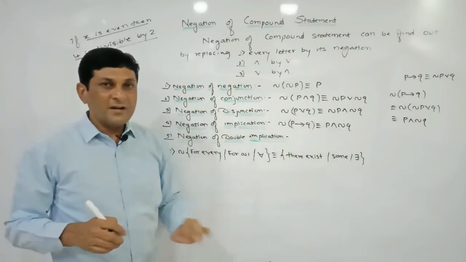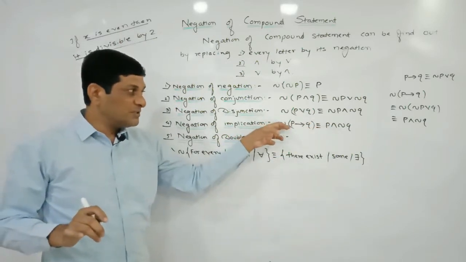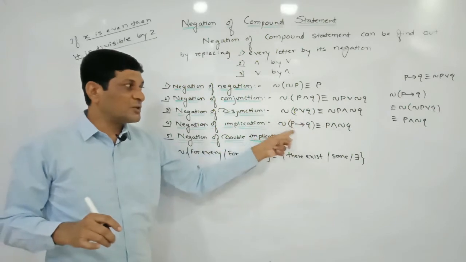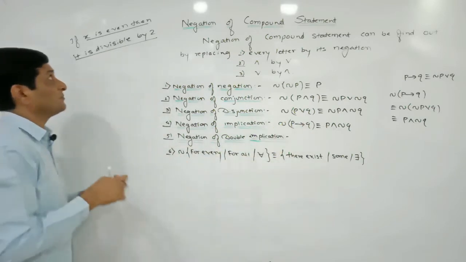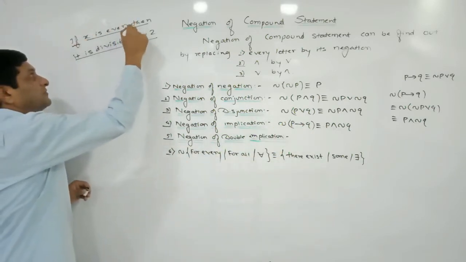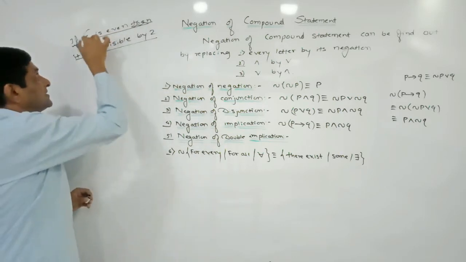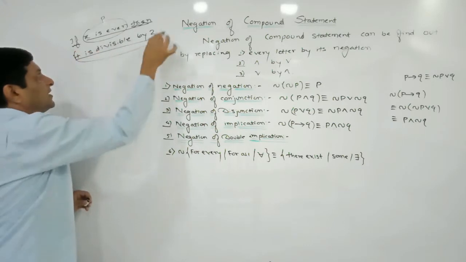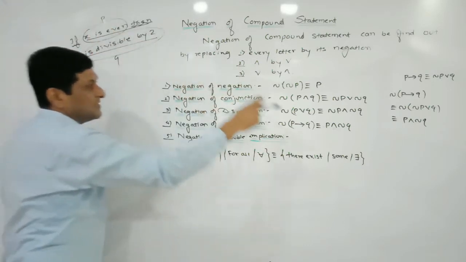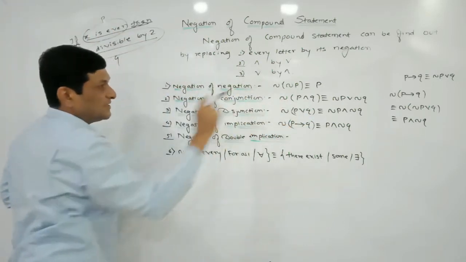Using this symbolic representation, try to find the negation of an implication. Implication means two statements are connected by if-then. At that time we have to use this result while finding negation. This is your P and this is Q. Just substitute P and Q in this symbolic form.